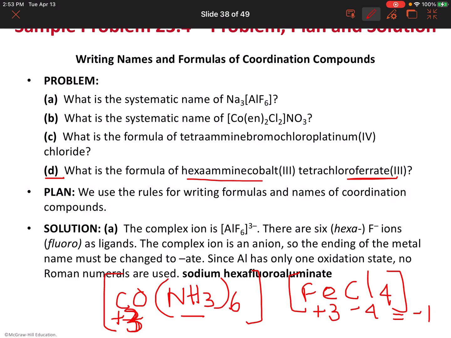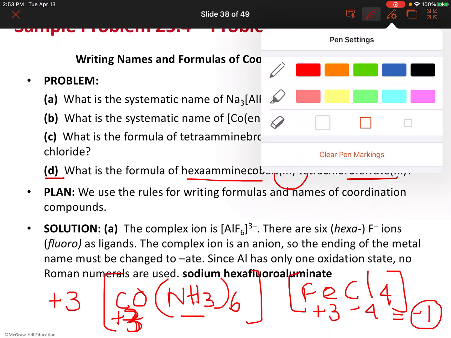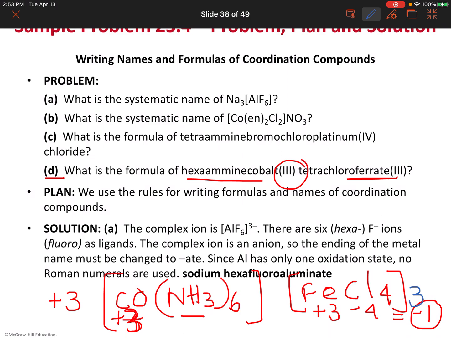And the charge of the complex cation: cobalt is plus 3 because it's given here, and ammonia is a neutral ligand. So that will give us the charge of the complex cation as plus 3. The charge of the complex anion is negative 1. So we want to balance both charges. Because of that, we need 3 of these.